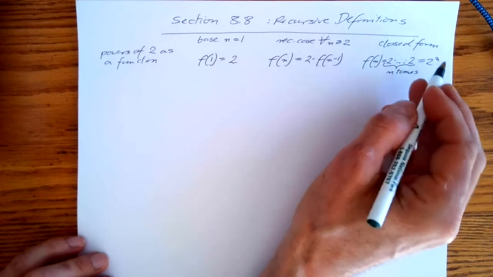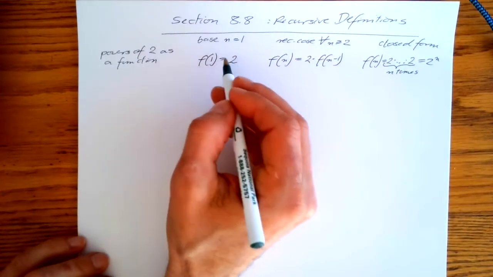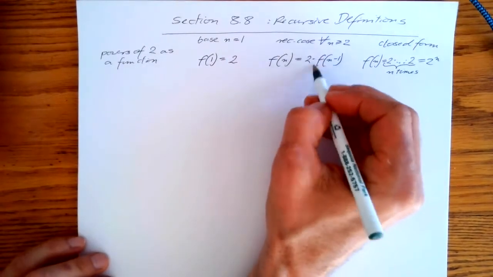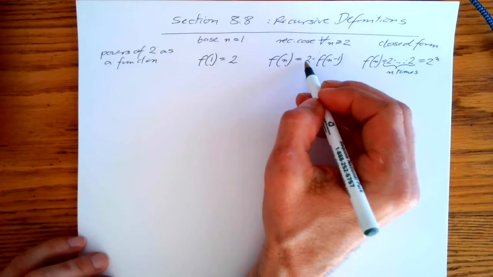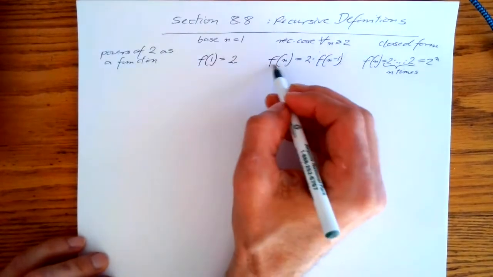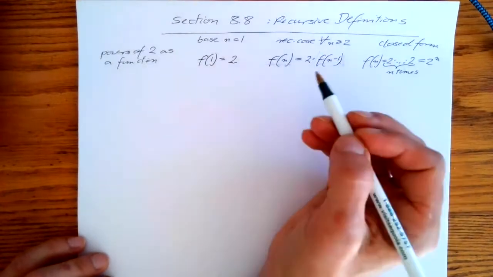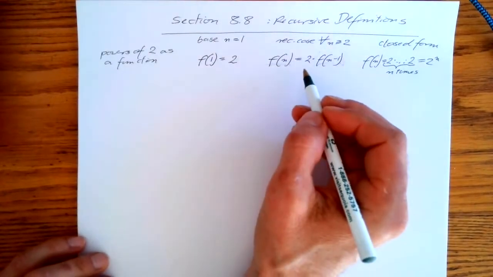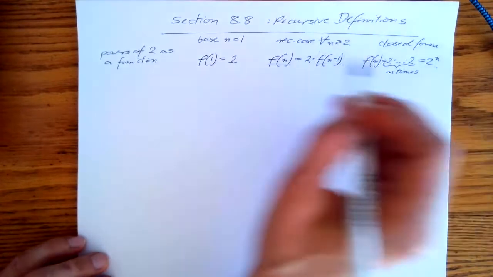In the base case, n equals 1, that's true. This is 2 to the 1. And in the recursive case, if this is 2 to the n minus 1, then multiplying it by 2 clearly gives us 2 to the n. If the formula is true about this one, then it's true about this one, which is an induction. Okay, so that's an inductive proof that this is a closed form.